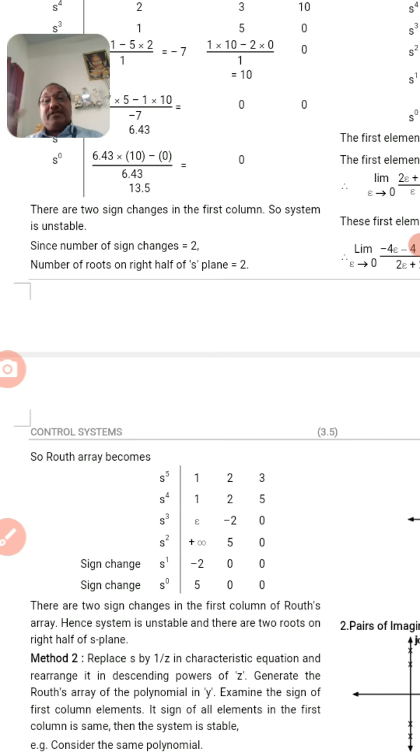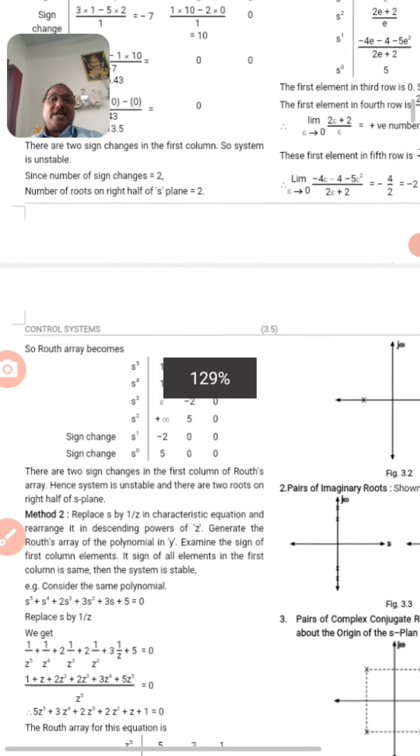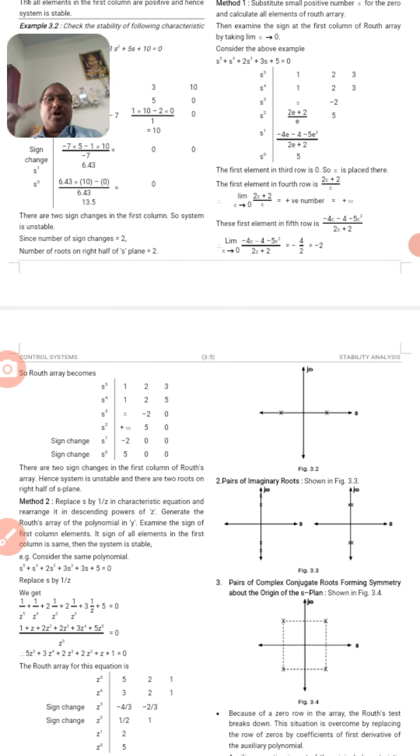So you know that the denominator of the transfer function is the characteristics equation, that is 1 plus G(s) into H(s) is equal to 0. That plays a very important role ahead.